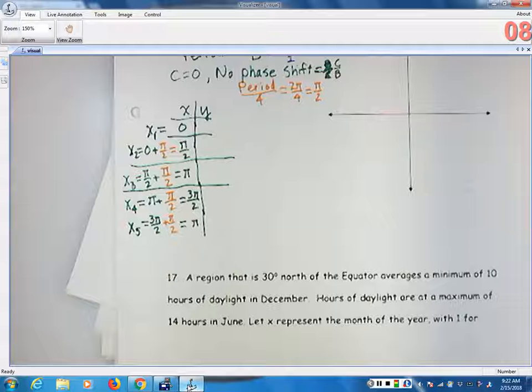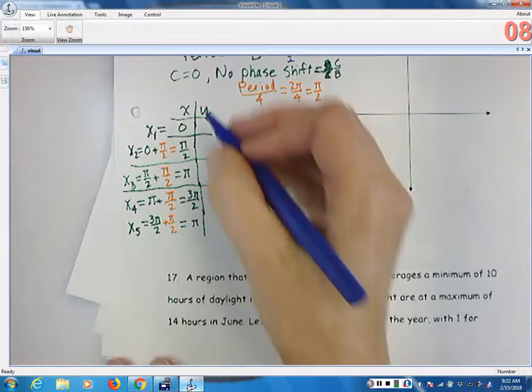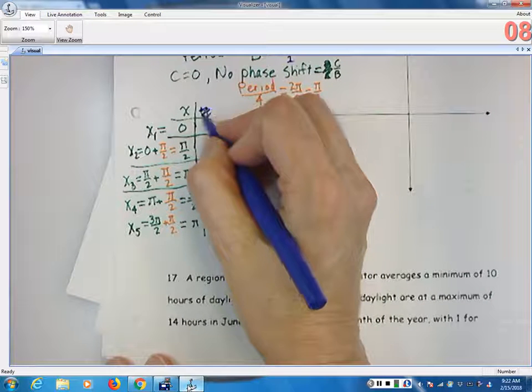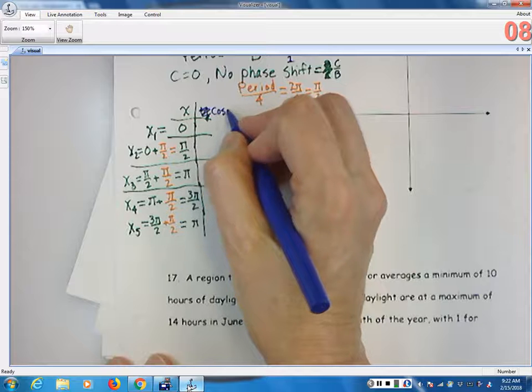Oh, cosine function, sorry. So let's write cosine of X first, right here.